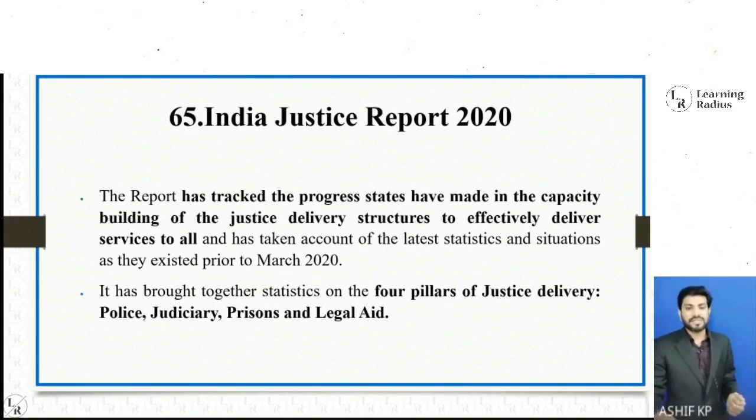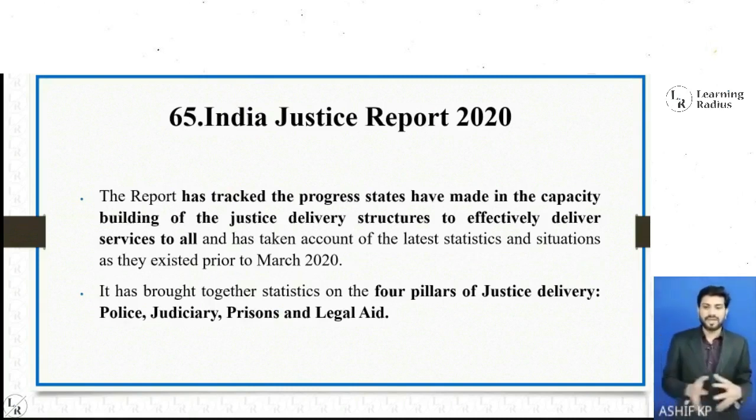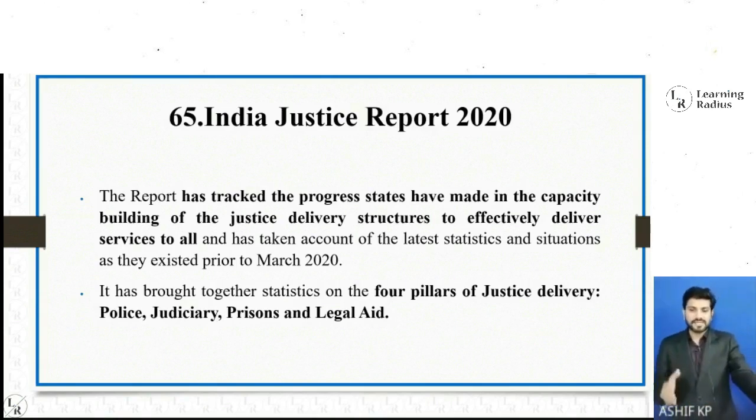Now next one is India Justice Report 2020. The report has tracked the progress states have made in the capacity building of the justice delivery structure to effectively deliver services to all, and has taken account of the latest statistics and situations as they existed prior to March 2021.